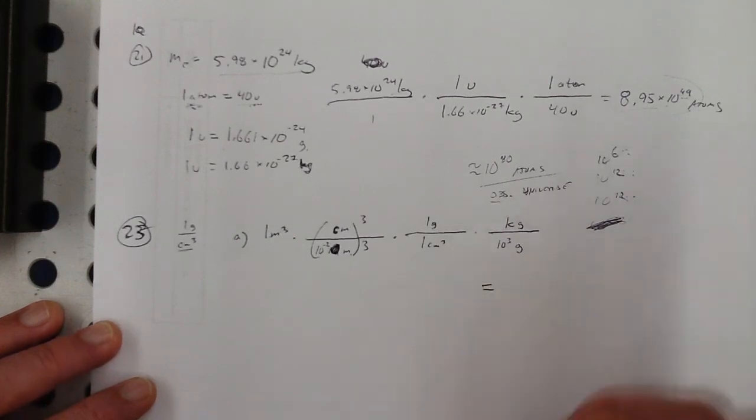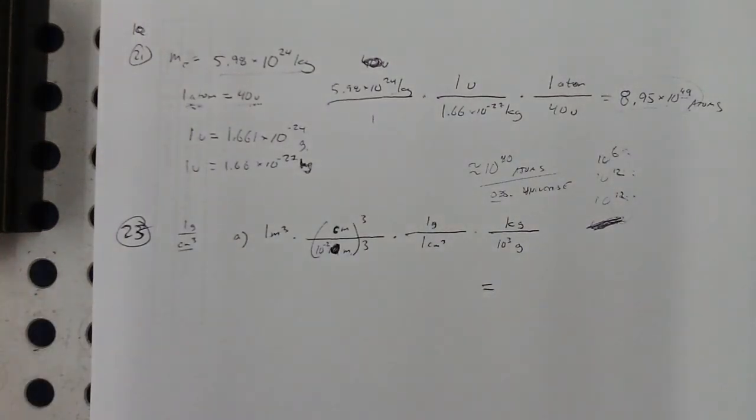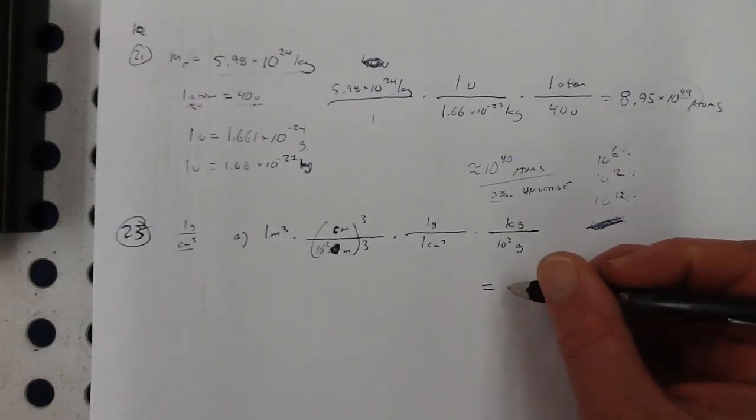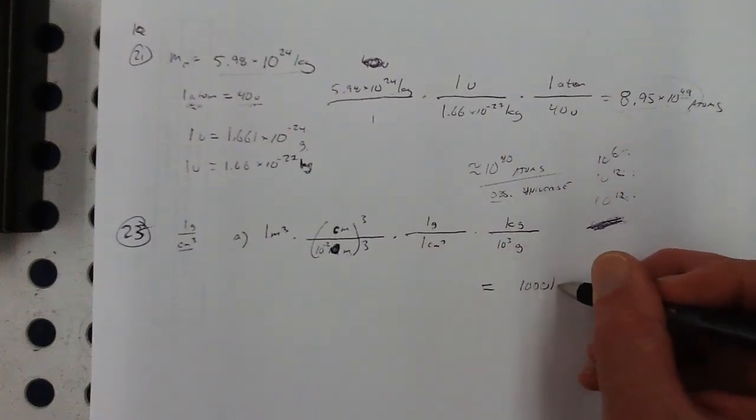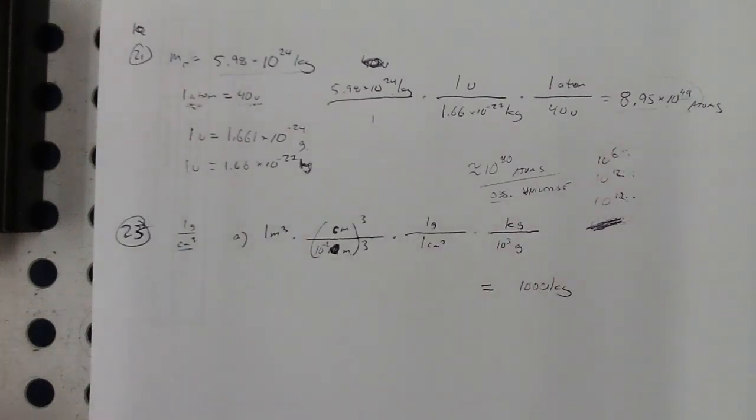And then if I rattle through that conversion, I should get that there are 1,000 kilograms. That's a metric ton, folks, in a cubic meter of water.